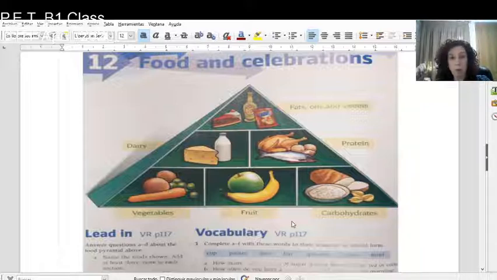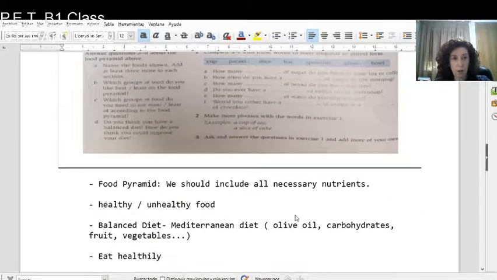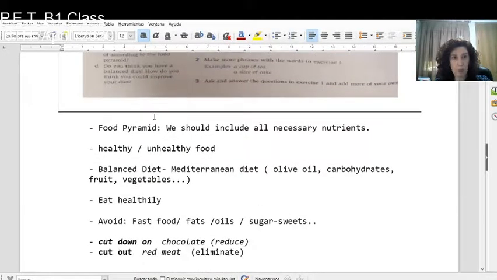Then we start with food vocabulary. In the speaking, for example, when you talk about your diet, if you go on a diet, I would like to deal with this important vocabulary for your level. So, food pyramid: we should include all necessary nutrients in our diet. If your diet contains all the nutrients, then you have a healthy diet.